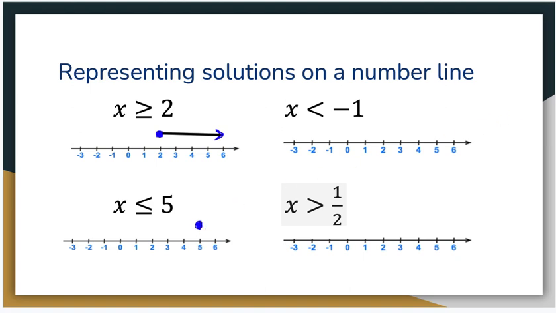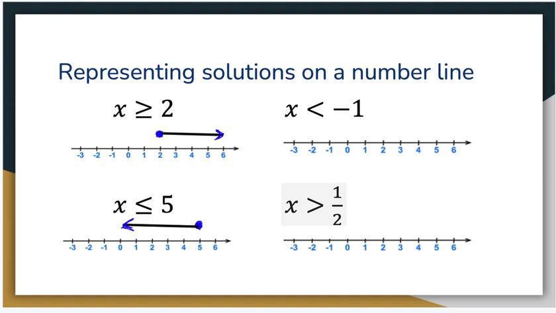And then this time we draw the arrow to the left. So 5 is inclusive, the shaded dot.